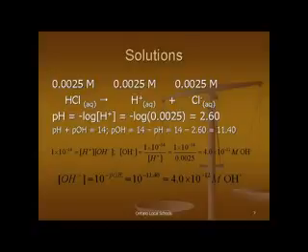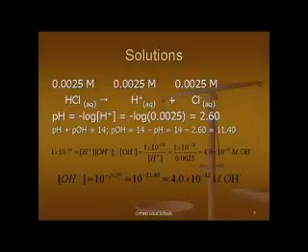Now I need to find my pOH, and we talked earlier how pH plus pOH is equal to 14, so our pOH would equal 14 minus the pH. So 14 minus 2.60 gives us a pOH of 11.40. I still need to find my hydroxide ion concentration, and to do that I use the ion product of water. 1 times 10 to the negative 14th is equal to the concentration of H+ times the concentration of OH-.